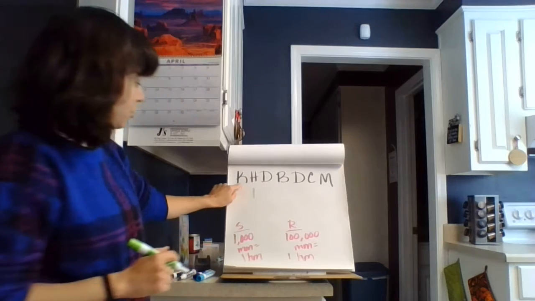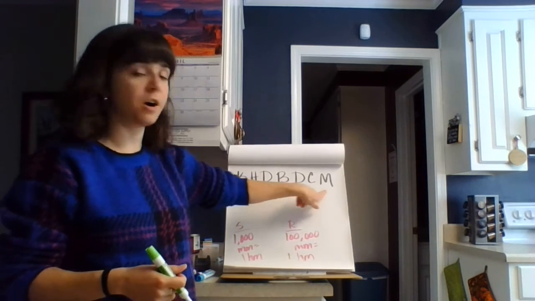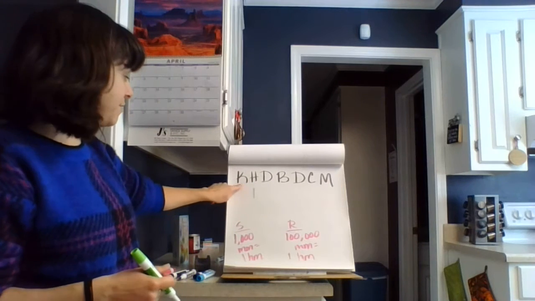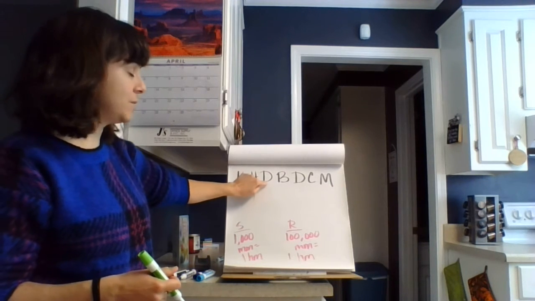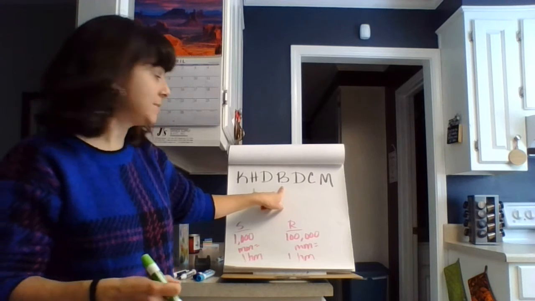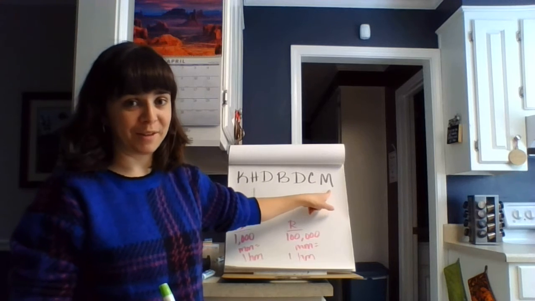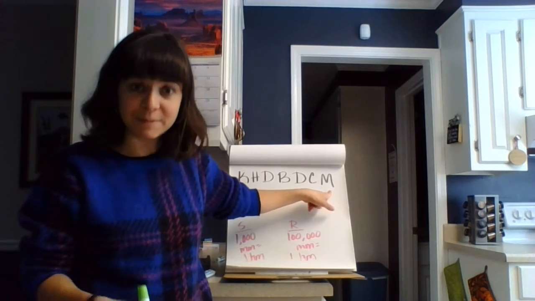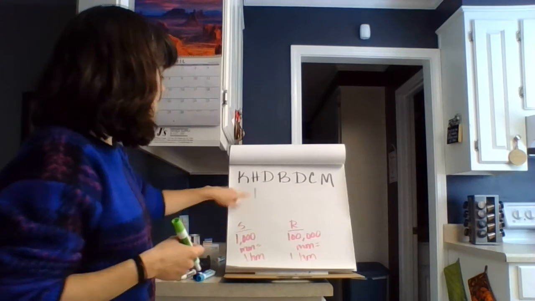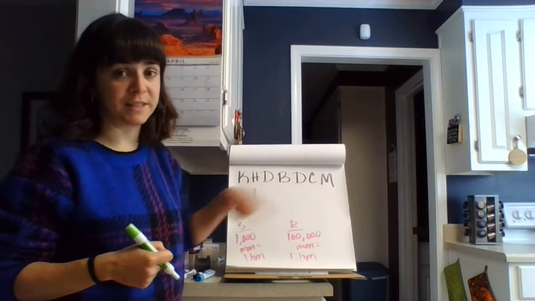Now remember, you can think of it as King Henry died by drinking chocolate milk. And then our prefixes are kilo, hecto, deca. Then we have our base, which is going to be meters, liters, or grams. And then deci, centi, milli. Think of that vocabulary that we watched a lot of times, and that kind of helps you remember it. So we have 1 hectometer, and we want to know how many millimeters this is.